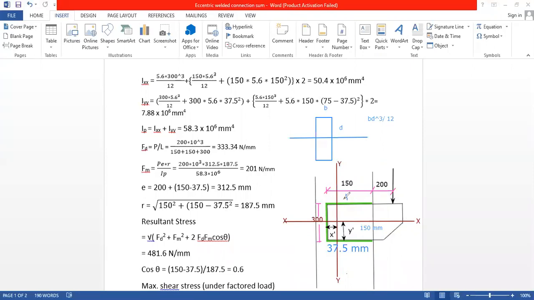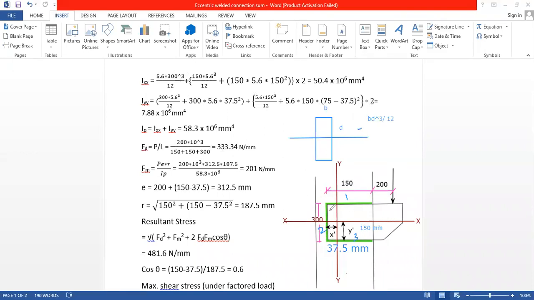Okay, so for the second strip, we take B as the throat thickness, which is equal to 5.6. All right. D is how much? D is the length of this strip, it is 300. So 5.6 into 300 cube divided by 12.